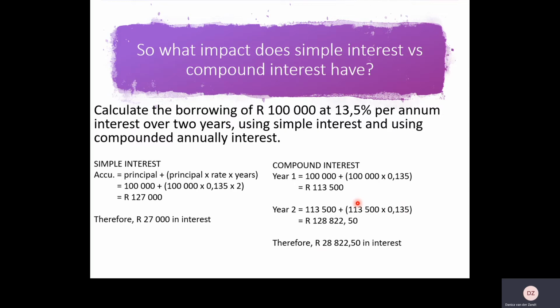So the higher my interest rate, the higher my interest in rands, right? So try to get as small an interest rate as possible. So if compound interest is compulsory, we want the lowest possible interest rate.